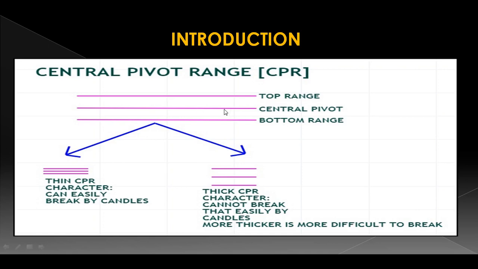It means from the central pivot, the top range and bottom range have a huge gap. This thick CPR cannot be broken that easily by candles. The thicker it is, the more difficult to break. The more gap from the central pivot to the top range and bottom range, the more difficult it is for the candle to break.